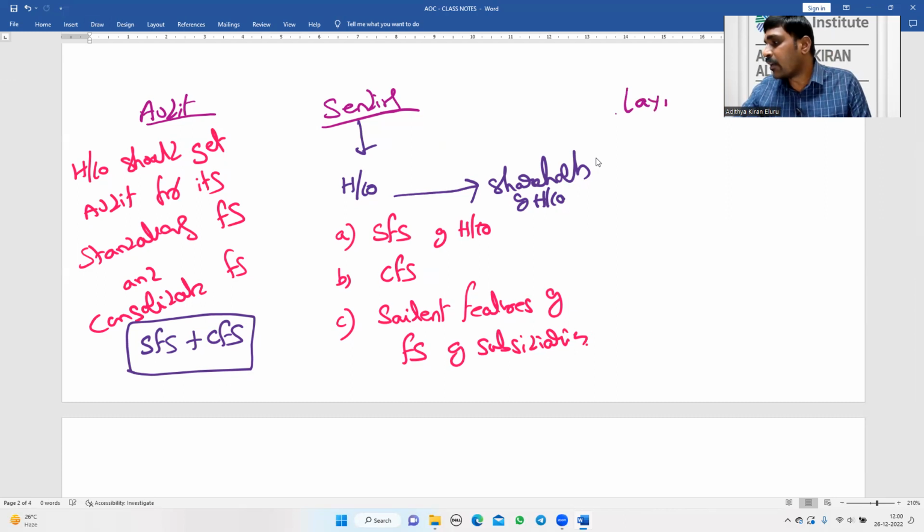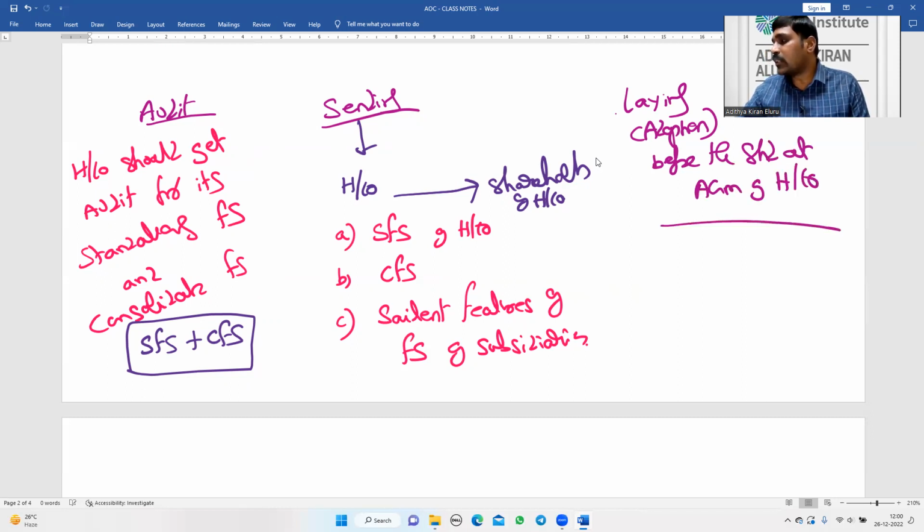Next, laying or adoption. Before the shareholders at the AGM of the holding company, what are the documents to be produced by the holding company for their approval?